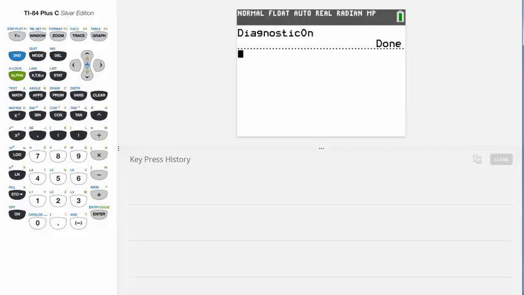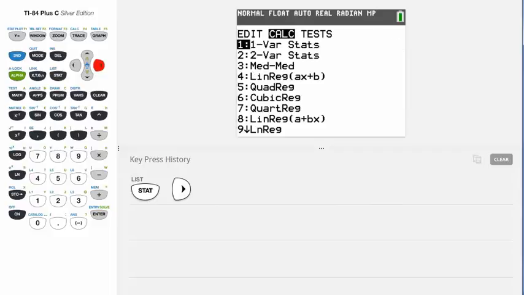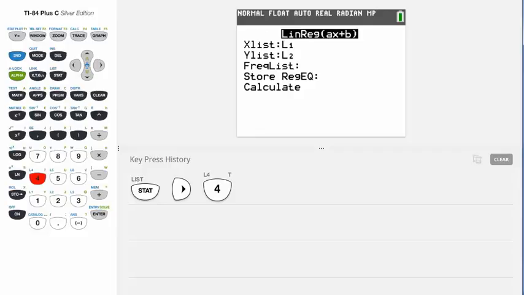Now I want to go to Stat, over to Calc, and I'm going to choose for linear regression ax plus b. My X list is in L1, my Y list is in L2. I don't have a frequency list.